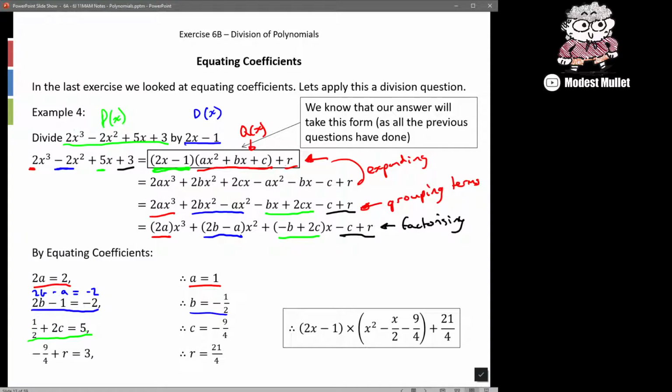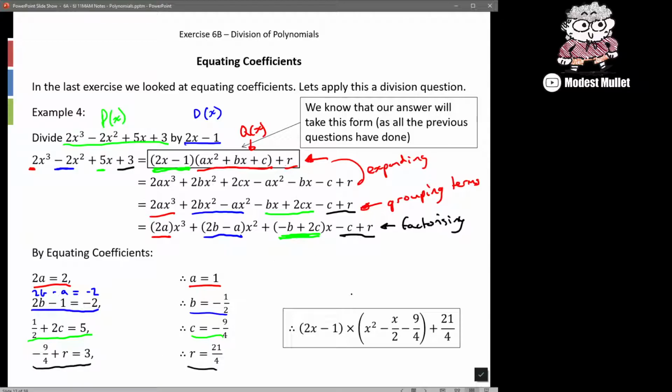We have negative a half plus 2c equals 5. We're using this one here and we substituted in our b. We solve to get our c is equal to 9/4, and then we can do the constants at the end, equate them, solve for r.